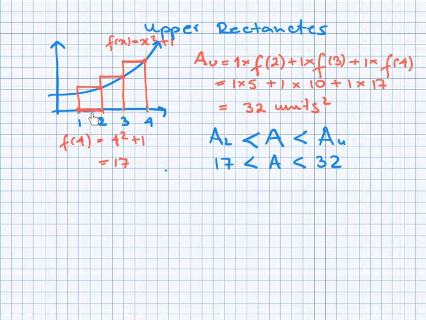If we have half or a quarter, I'm going to write that both AL and AU will converge to A. So they will move towards A. They're going to be close to A. I'm going to show you another example using this example but with more subintervals in another video.